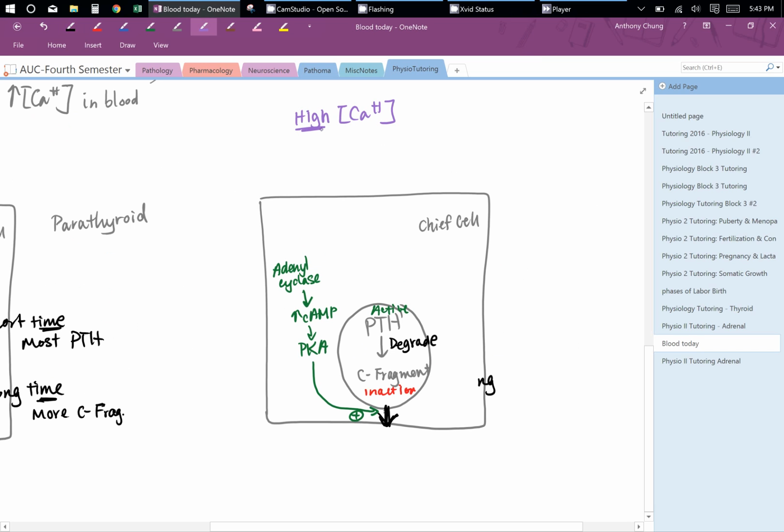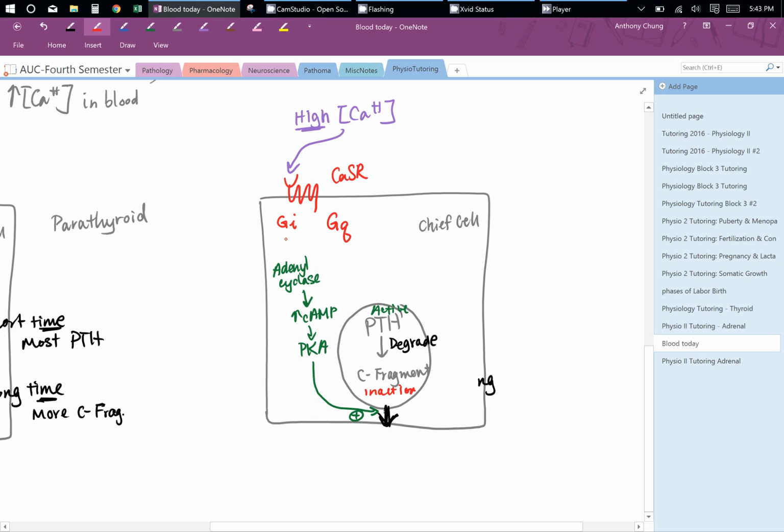There are actually two things on the membrane, so we have a G protein thing going. This is a calcium sensitive receptor. And the calcium is going to bind right here, and it's going to do two things. This is both a G inhibitory, and this is a GQ.